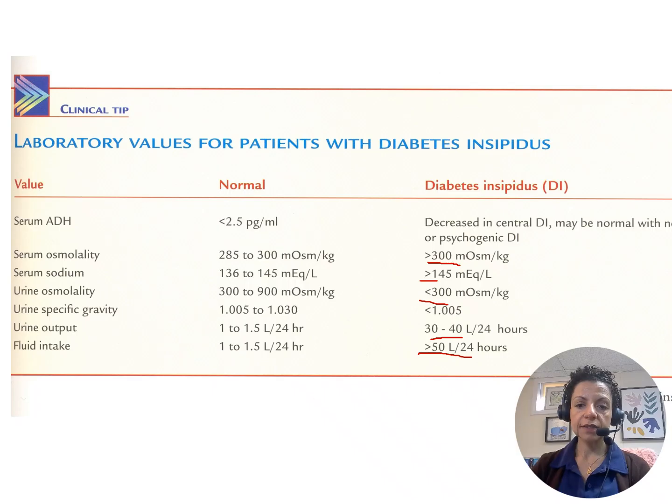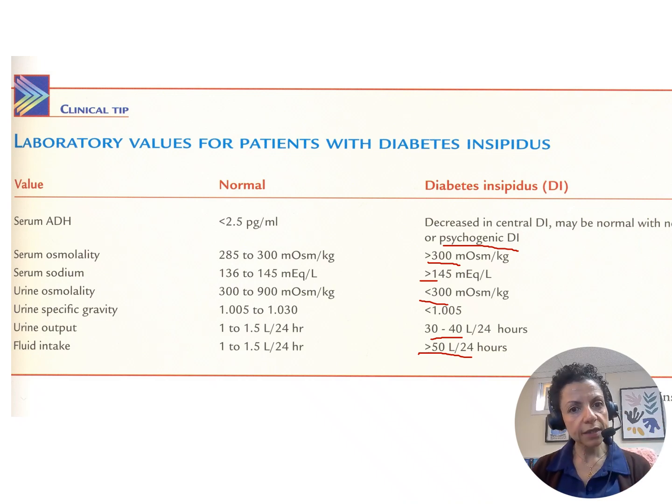Over here, they mentioned something called psychogenic DI. Psychogenic DI is an observation that sometimes people with psychiatric conditions, especially people in acute psychosis, will have this extreme thirst. And sometimes that is labeled as psychogenic DI. So at first glance, they present a little like somebody with diabetes insipidus, where they are extremely thirsty and urinating a lot.